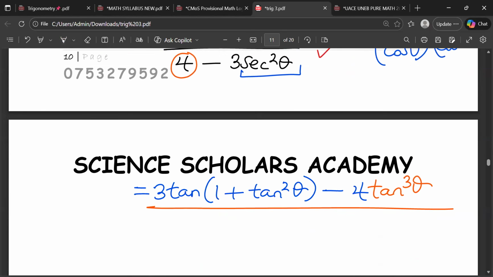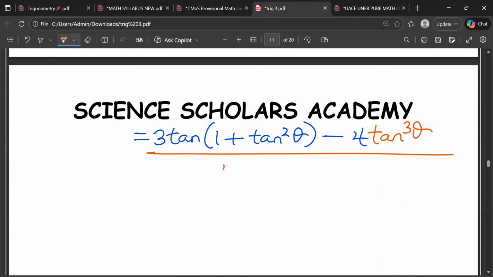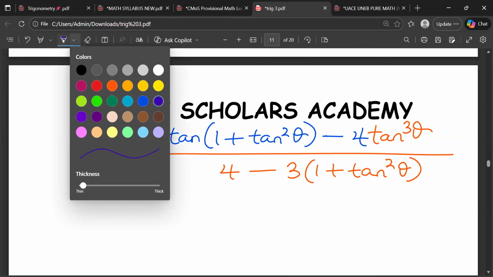That means this one is right. This one is 4 minus 3 sec squared. But remember, we are supposed to remove sec and find ways of involving our tan. Isn't it? Yes. Good. So we proceed.